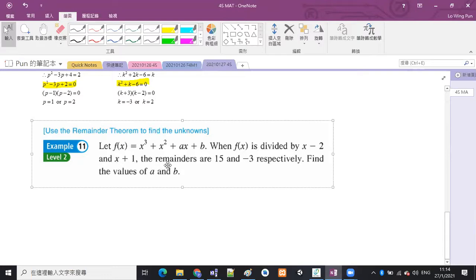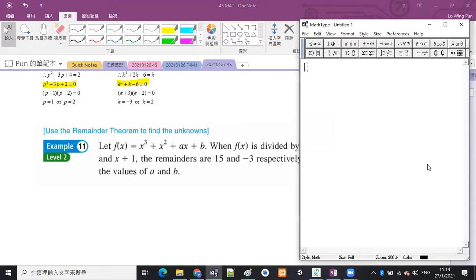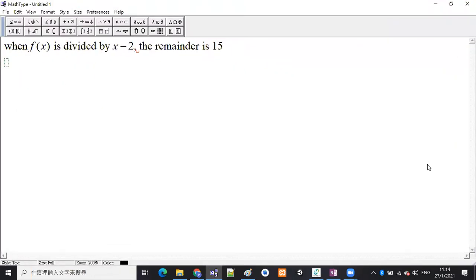When f(x) is divided by x minus 2 and x plus 1, the remainders are 15 and -3 respectively. I'm worried you are not used to reading such compound sentences. If you're not used to it, rewrite it as separate sentences.